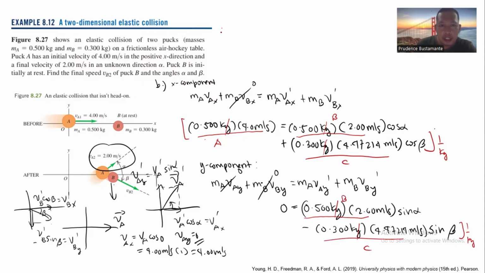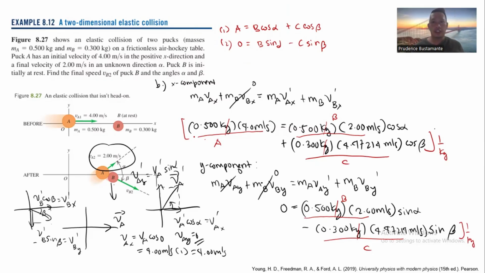From that, we have two equations. A is equal to B cosine of alpha plus C cosine of beta. And from the second one, 0 is equal to B sine of alpha minus C sine of beta.